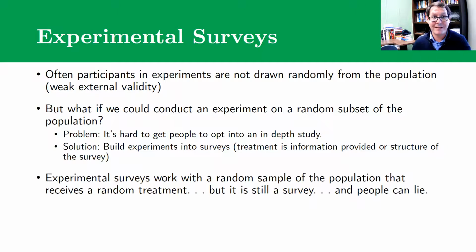That's just a practicality of how we oftentimes run studies. If we're doing something that's maybe more informational, it might be possible to merge an experiment with the way we typically run random surveys where we call people up and ask them questions. And so this is a method or a technique called an experimental survey, where you build an experiment into that process of asking people questions through a normal survey.